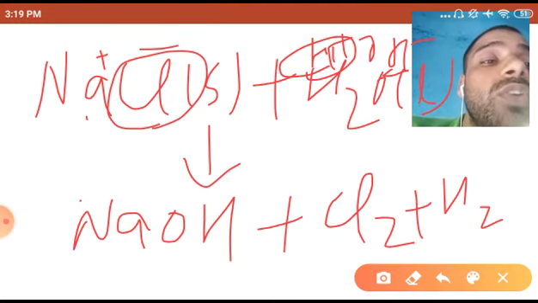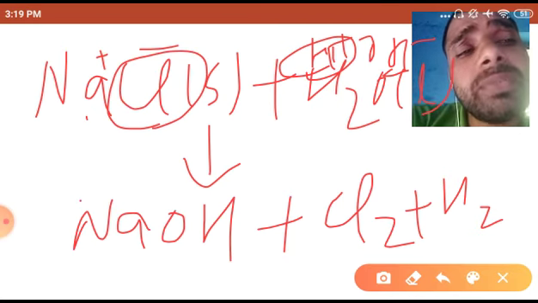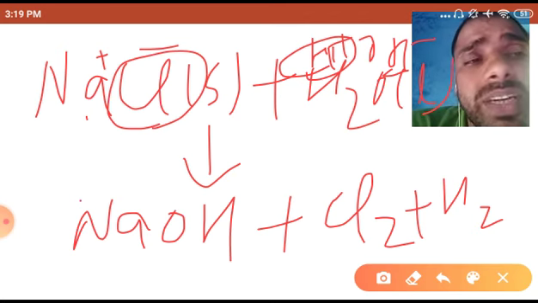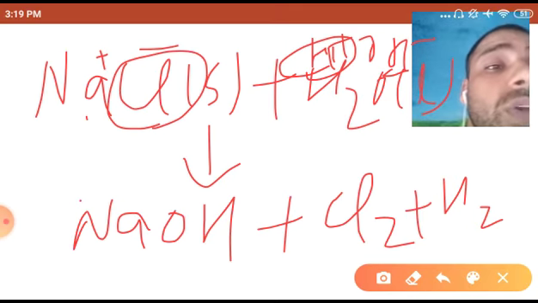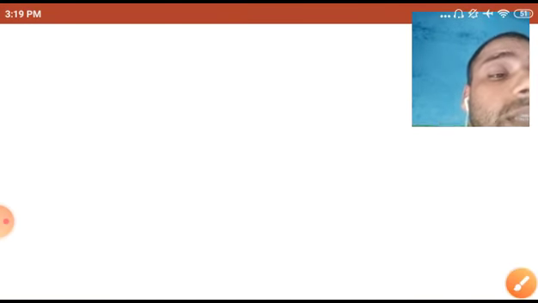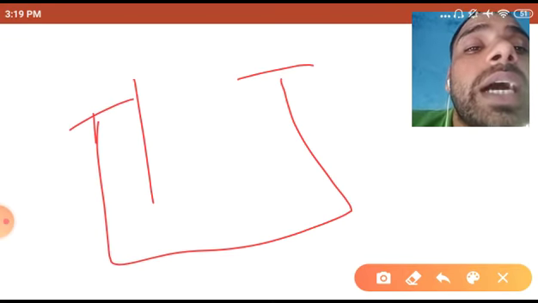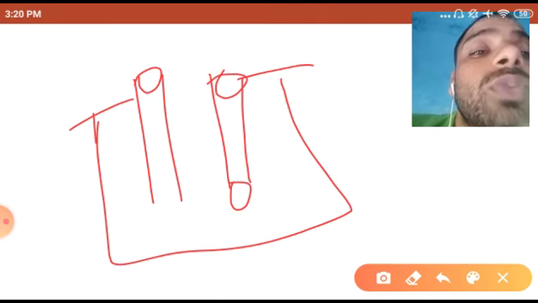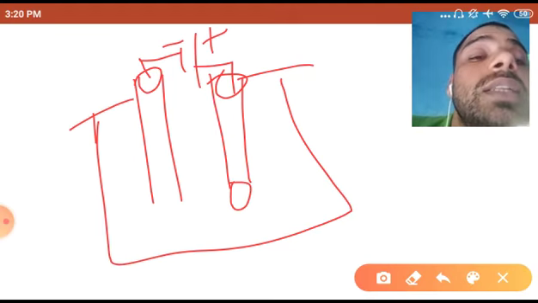Why are we not forming HCl? If I had to form HCl, then why have I taken the electrodes? What is the work of the cathode and anode? In that picture, I have taken one cathode and one anode, and connected them with the circuit.